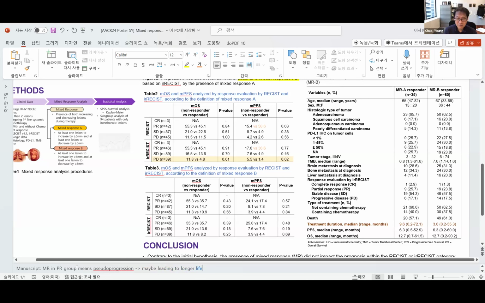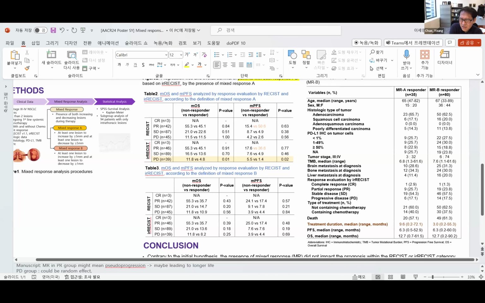That's for the PR group. But for the PD group, how do you explain mixed responder doing worse? Again, that could be random effect, but a lesion that got smaller by 1 millimeter doesn't make much difference, but by 5 millimeter, it got smaller.